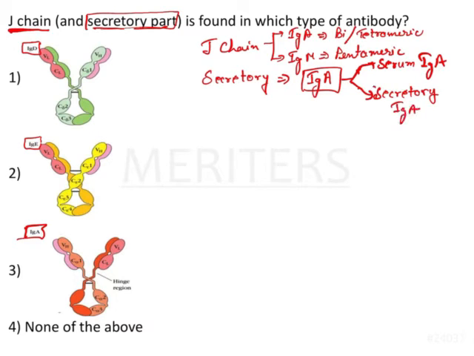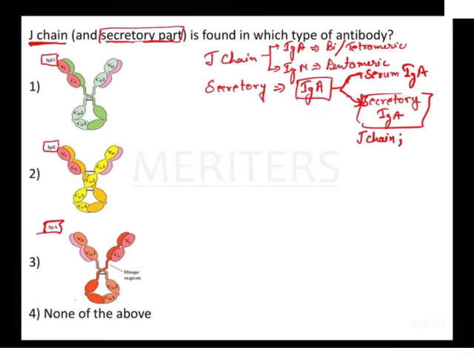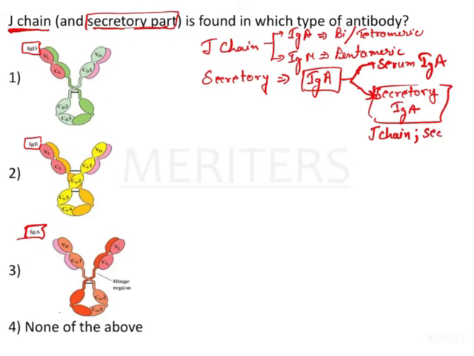In secretory IgA, you will find a J chain. It is basically a glycoprotein that joins the two monomers of immunoglobulin A, and it also carries a very small polypeptide known as your secretory part. There will be a secretory polypeptide as well that helps in the secretion.